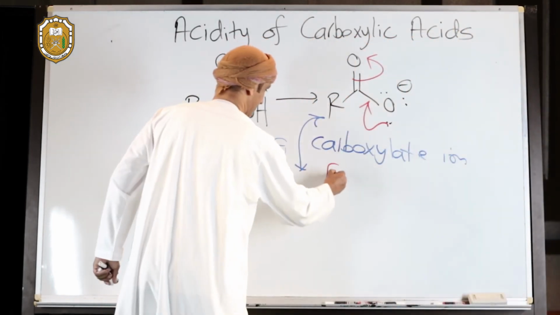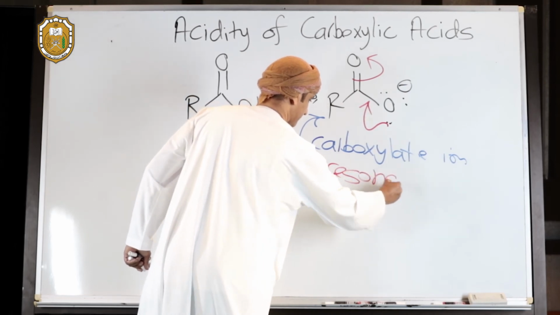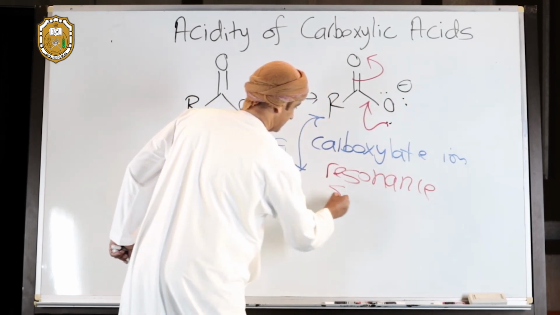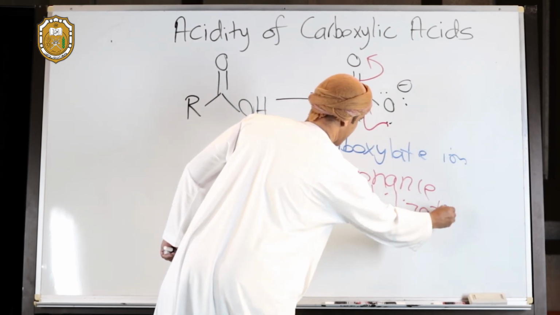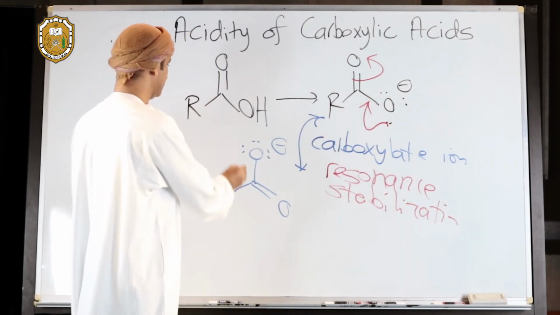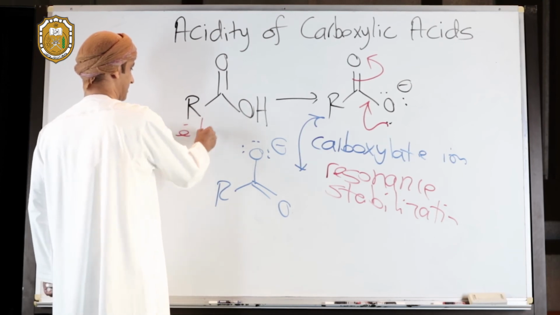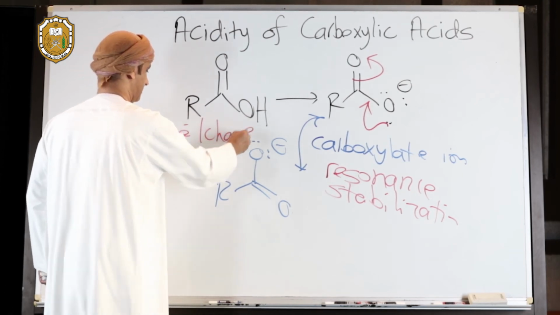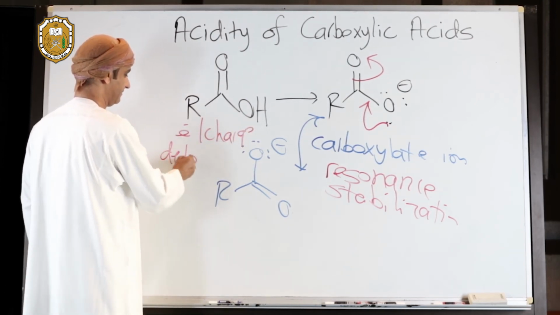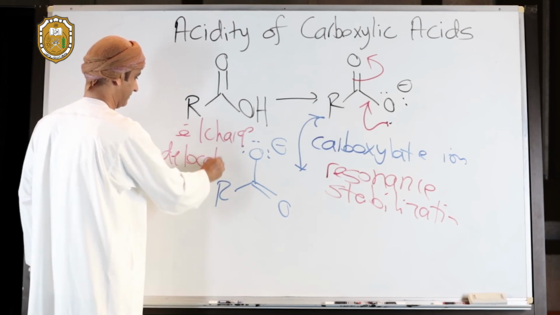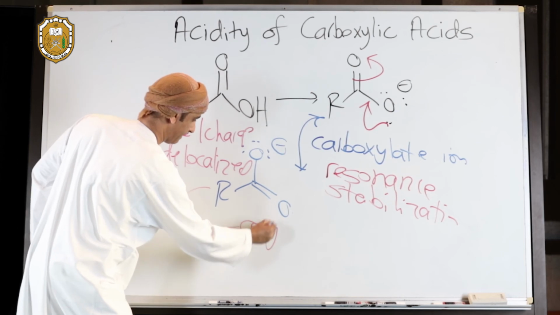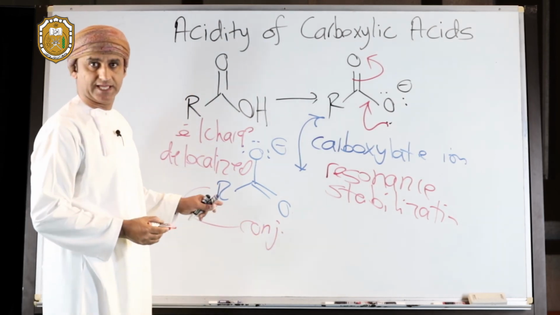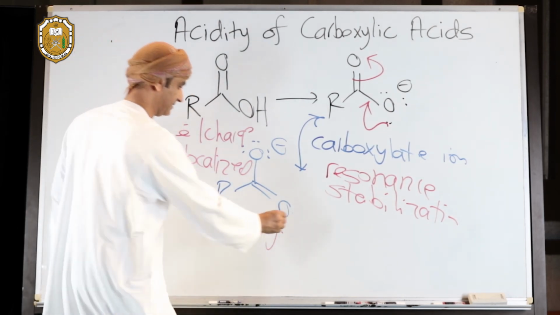So this is resonance stabilization. Electrons and the negative charge are delocalized. Therefore, the conjugate base, which is the carboxylate, is stabilized.